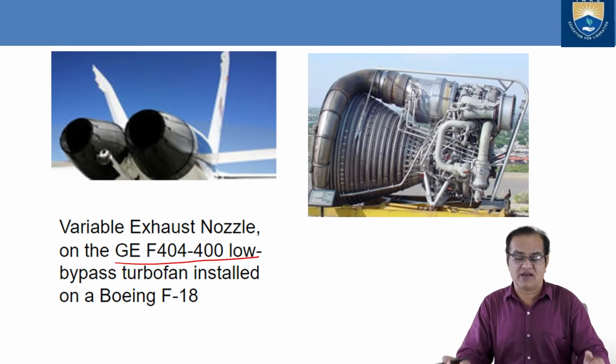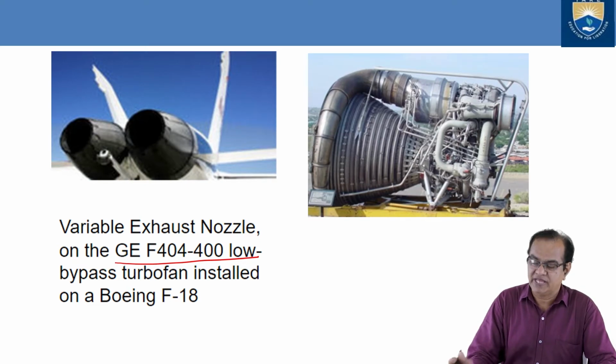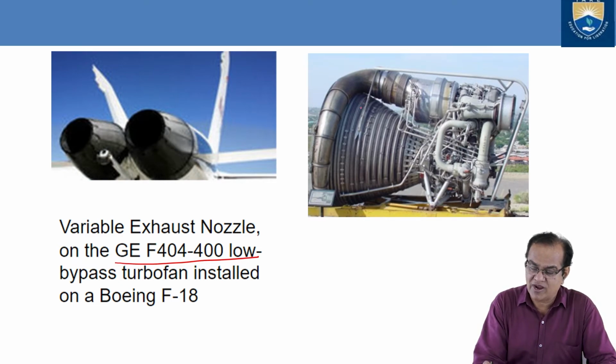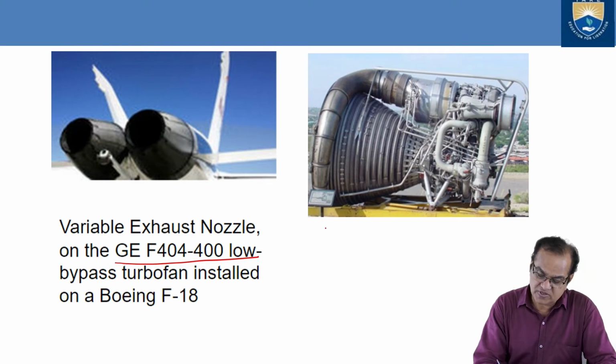All these parameters are achieved with the help of these nozzles. If you are able to turn the nozzle... another engine is shown here. This is also a different engine, and it is quite a big engine which is used for space propulsion.